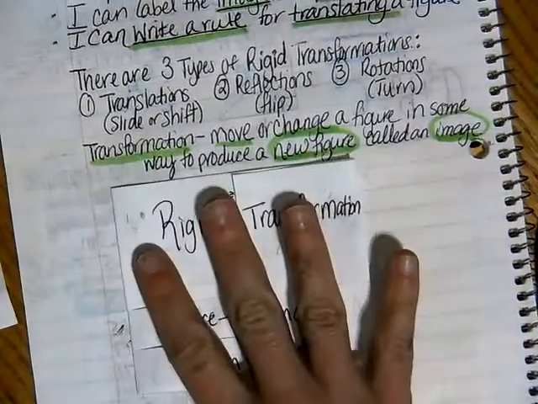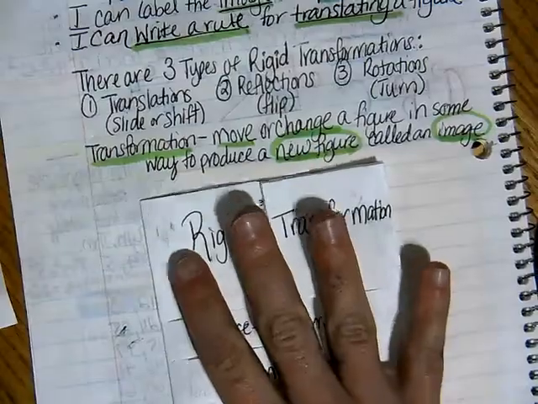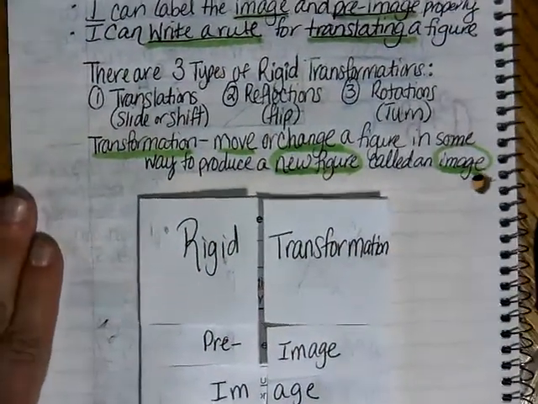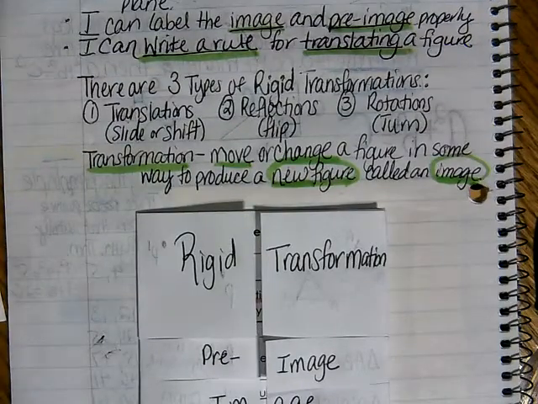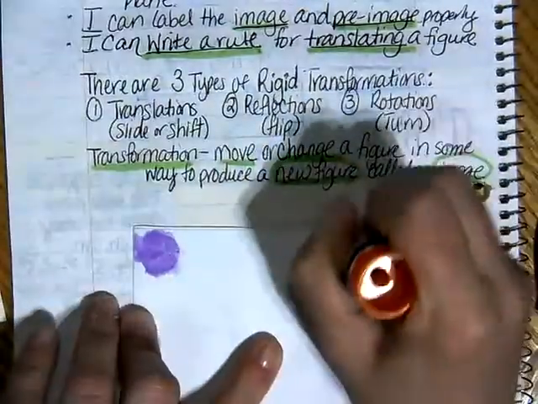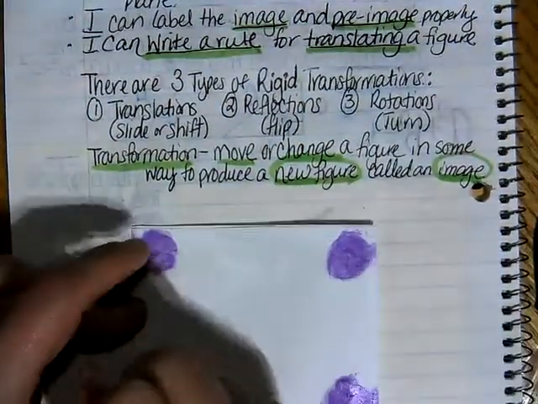When you are ready, go ahead and paste this into your notebook. And then I am going to flip the page to start talking about our first transformation, which is translation.